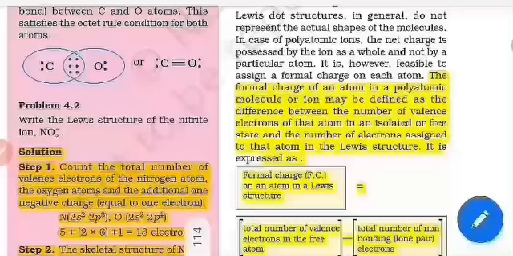The formal charge of an atom in a polyatomic molecule or ion may be defined as the difference between the number of valence electrons of that atom in an isolated or free state and the number of electrons assigned to that atom in the Lewis structure. So this is the difference between the number of electrons in its valence shell when it is in neutral condition and the number of electrons in its valence shell when it is in bonded condition.